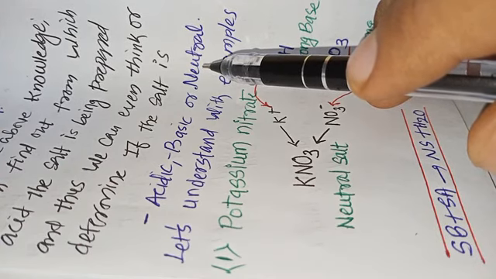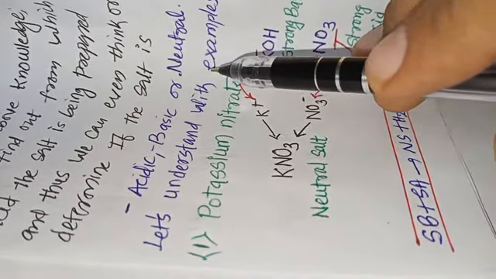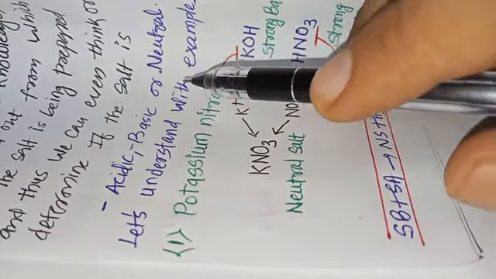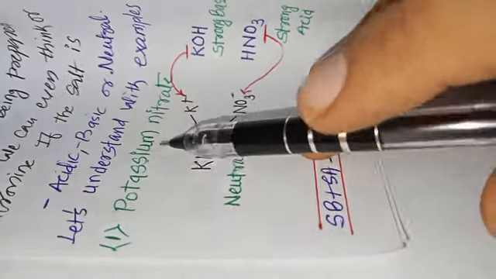The nature of the salt depends upon the nature of the acid and base from which the salt is produced. Let us study about the salt.